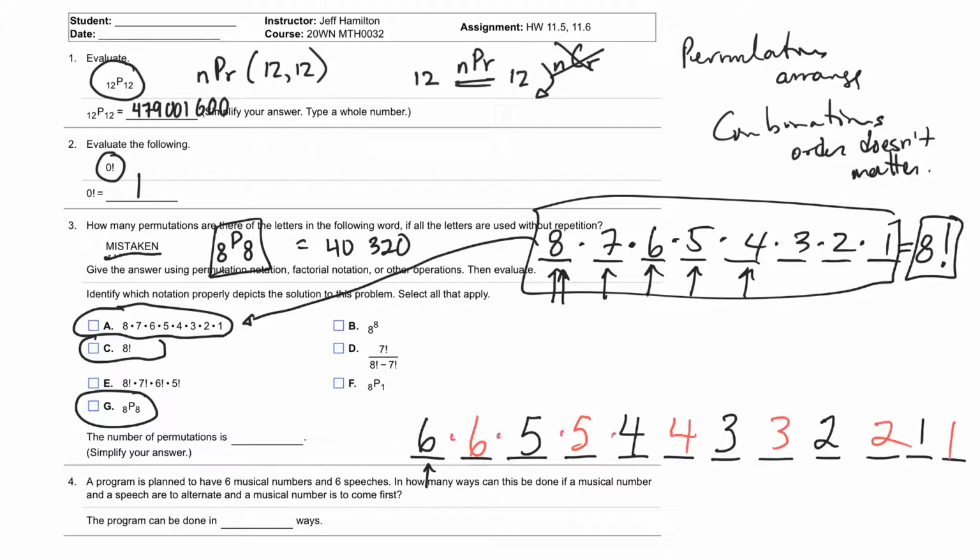And then the fundamental counting principle just says multiply them all together. Now, since I have 2 runs of 6, what I would probably just do is say it's 6 factorial times 6 factorial. And you can do that on your calculator. Okay, do that and that'll come up with your answer.